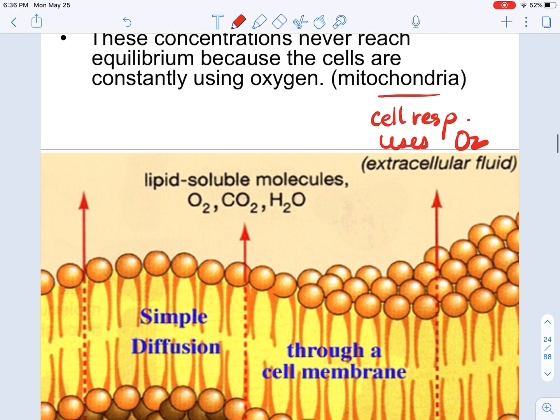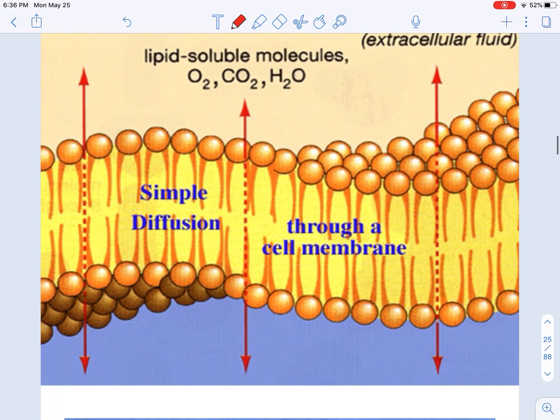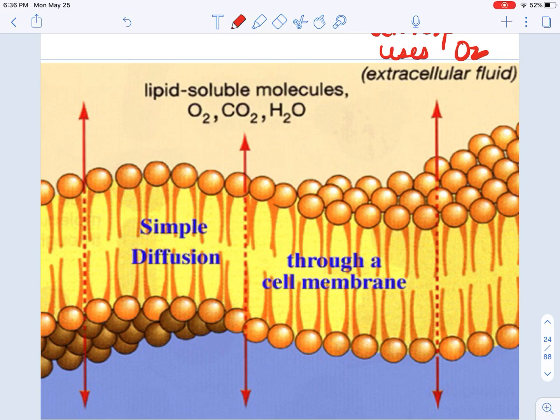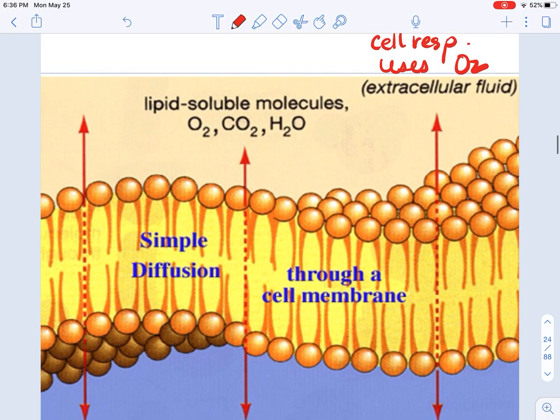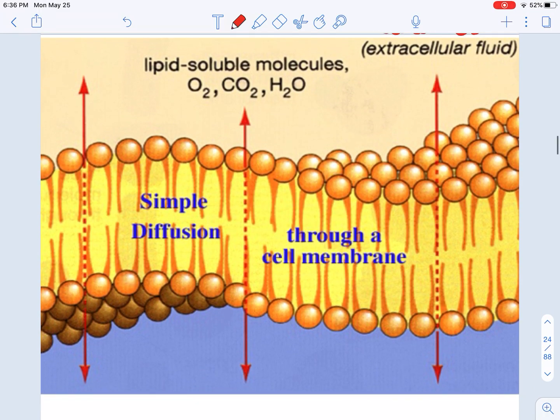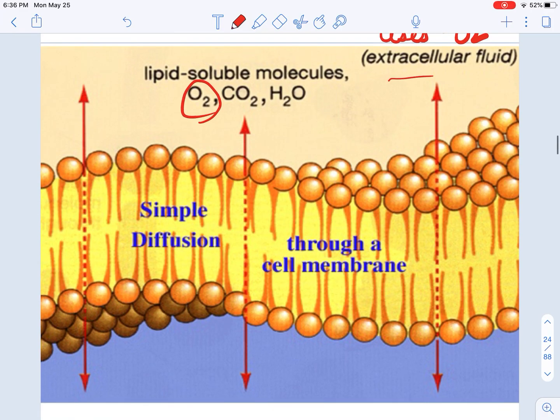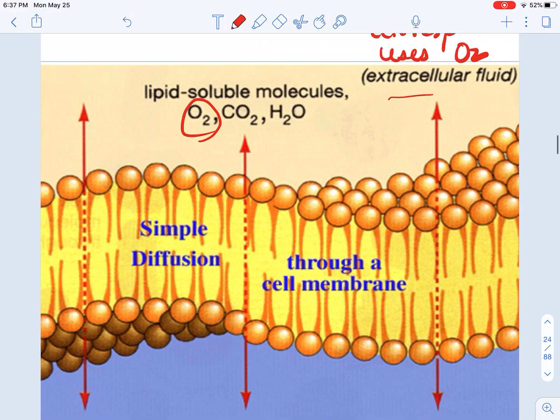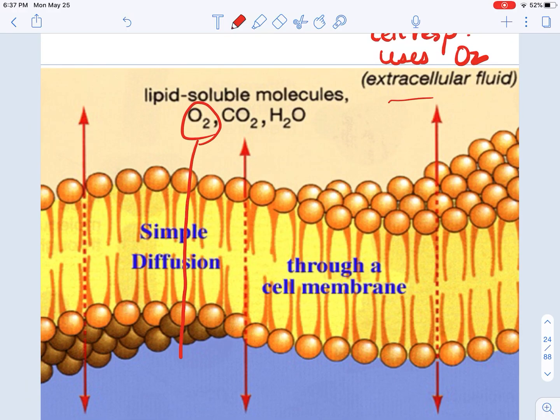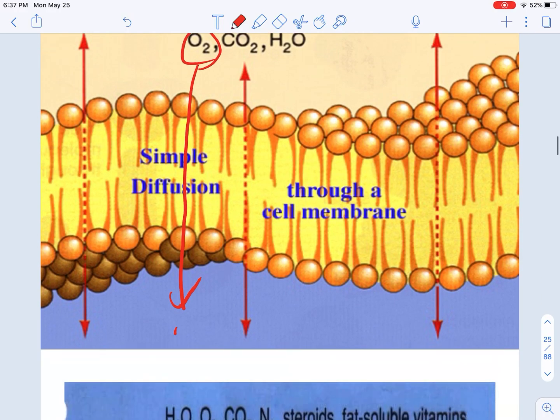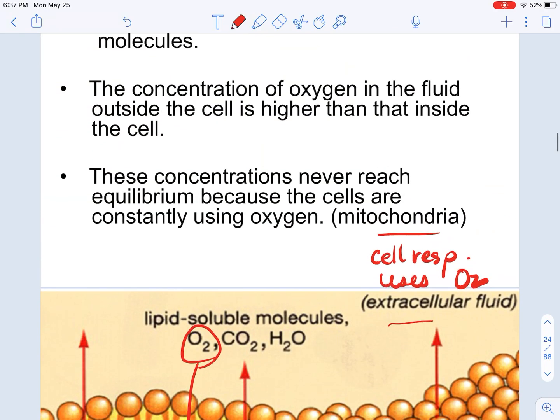So as the blood goes by cells, it will continually be moving that oxygen into the cell. So if you can imagine the oxygen being outside the cell, that's what extracellular fluid is. It's going to simply diffuse in through this cell membrane and into the cell.